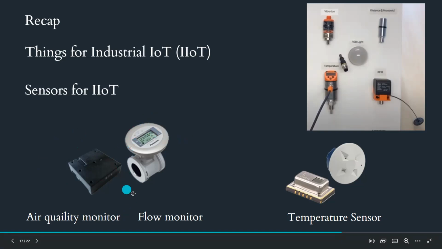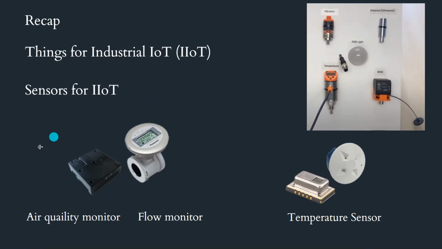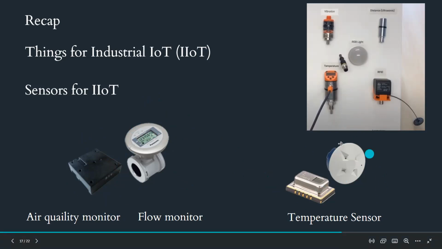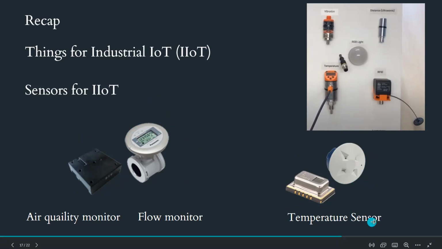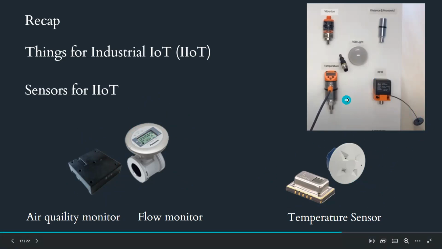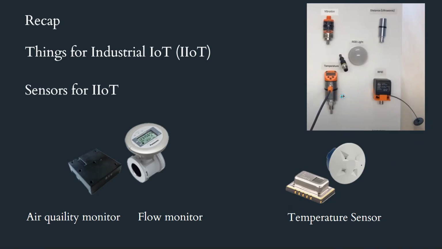So we have sensors like air quality monitoring sensors and flow monitoring sensors. These sensors are defined for industrial situations. And the temperature sensors are also very rigid and very much suited for high-end, difficult, extreme environments. So we have big, large-scale sensors for industrial environments.